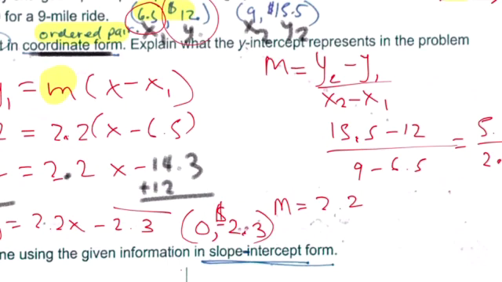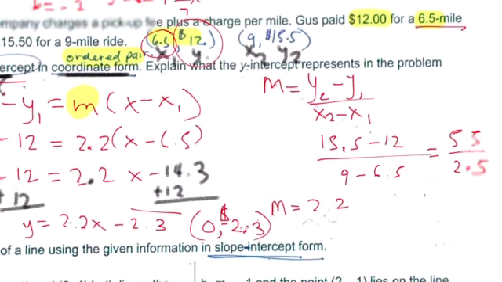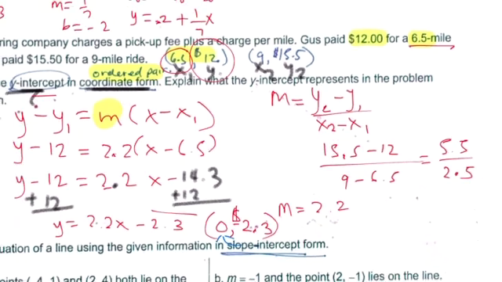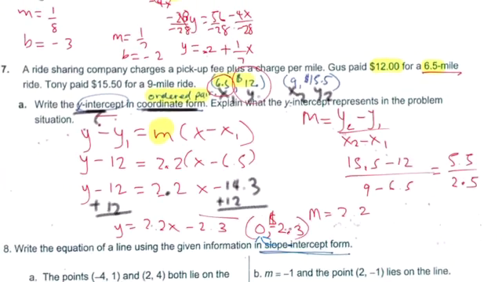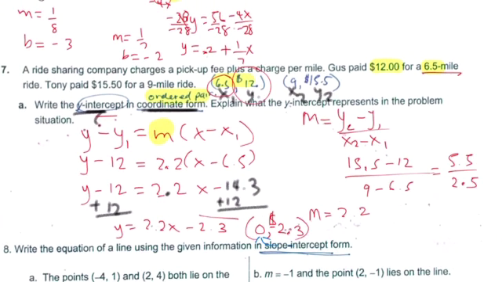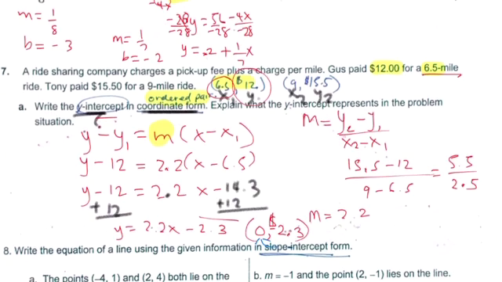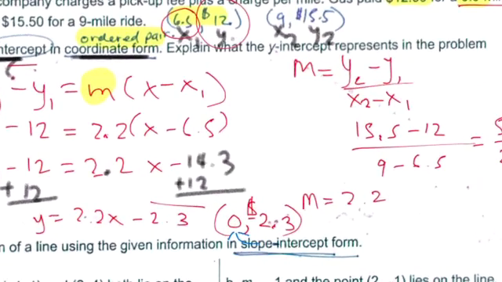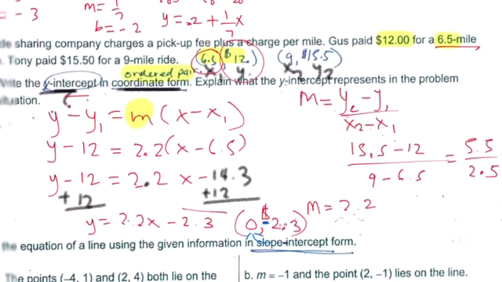For 0 miles, if he doesn't drive, he's given $2.30. That's what it means. So they'll pay you, doesn't make sense. It's a pickup fee. Okay. The pickup fee is $2.30.